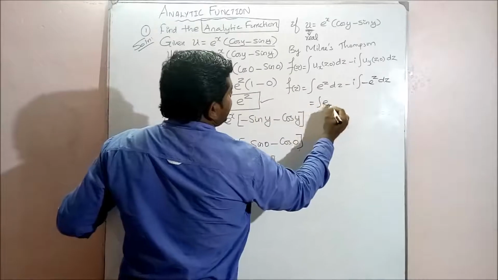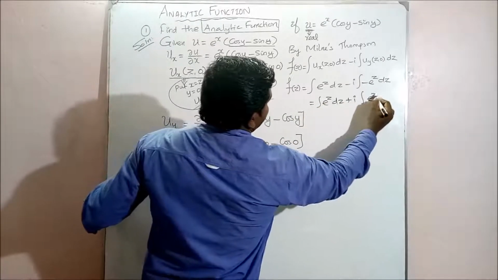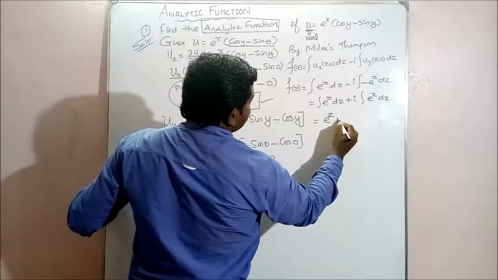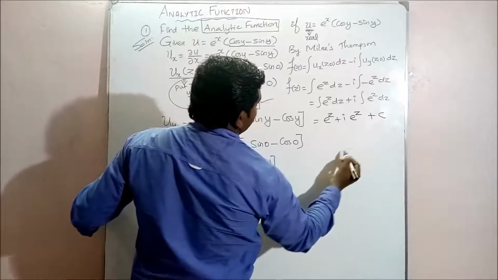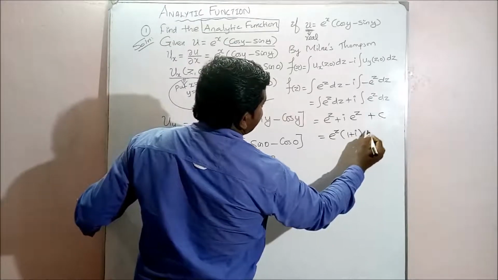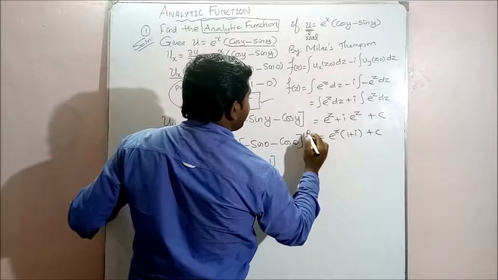This is e power z dz plus i into e power z dz. Integrating, we get e power z plus i into e power z, plus an integral constant c. Taking e power z out, it is e power z into 1 plus i, plus c. So this is the required analytic function.